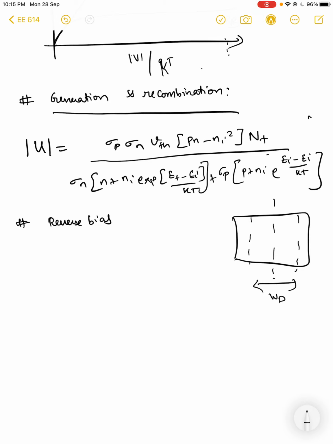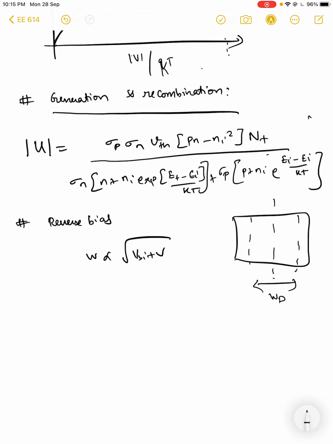So basically the depletion width W is proportional to root of Vbi plus V, V being the applied bias. So basically it goes as square root of the applied bias.